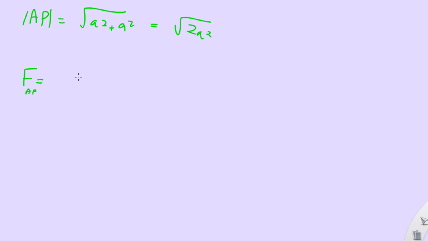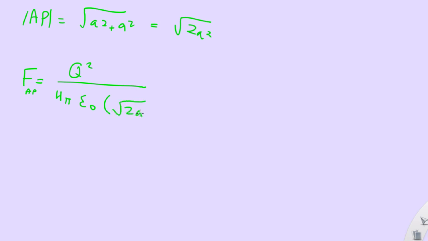I should have been labeling it the last one. Same thing, Q squared, because all the charges are of Q. And for coulombs, there's always 2 charges you care about. 4 pi epsilon naught. R is going to be this AP right here.